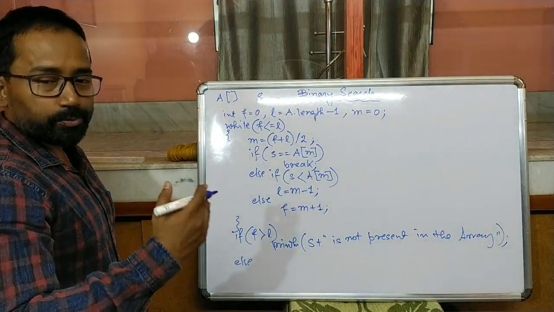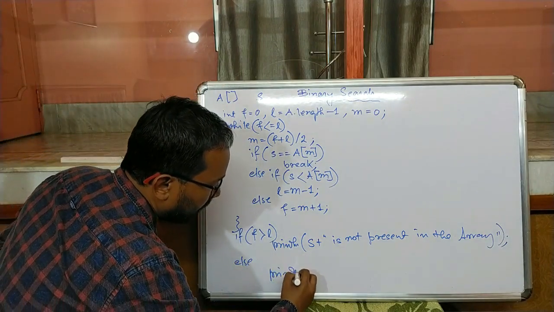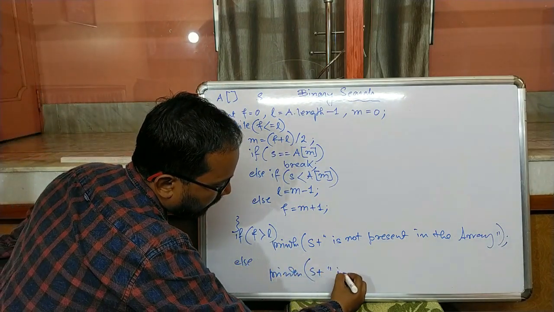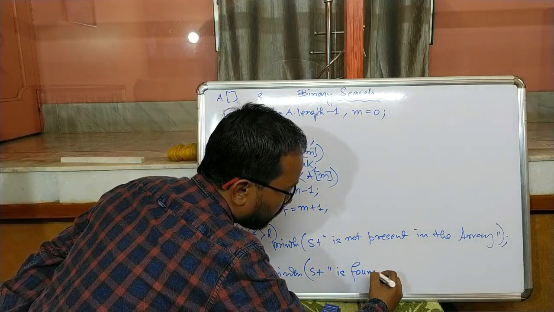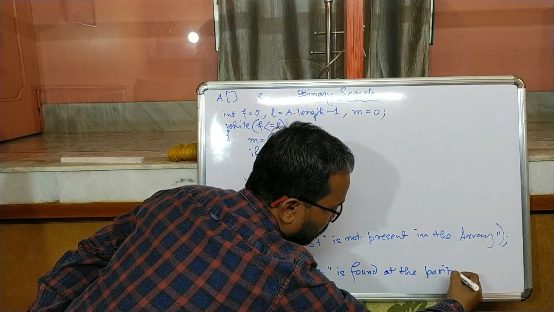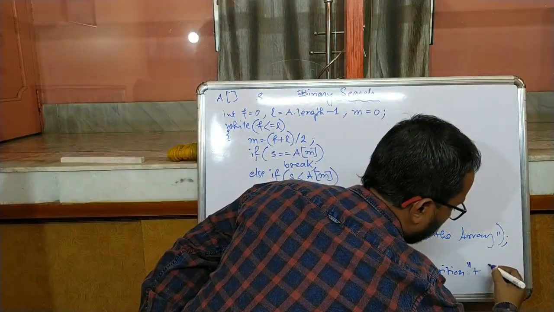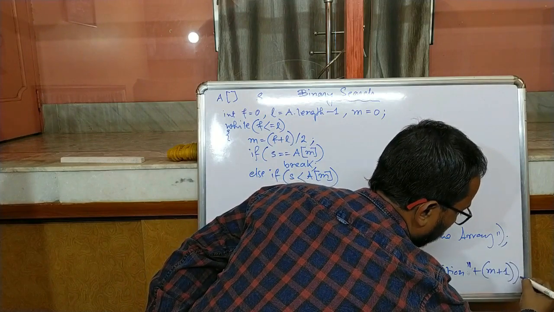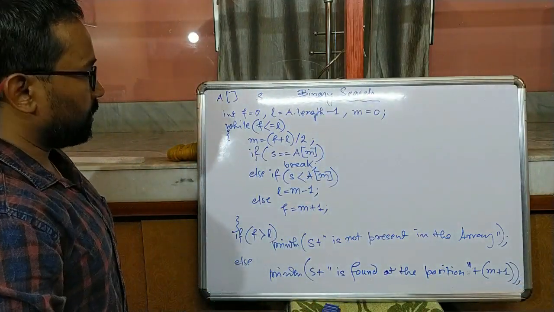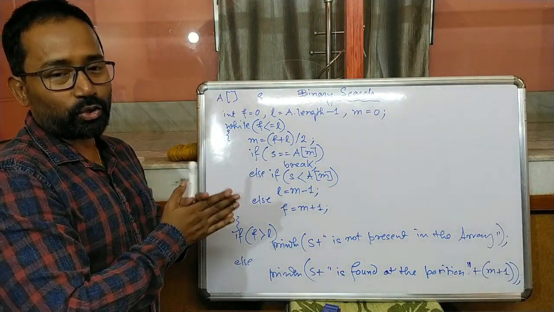At m index, meaning the position is m plus 1. We will write here else println S is found at the position m plus 1. Over.